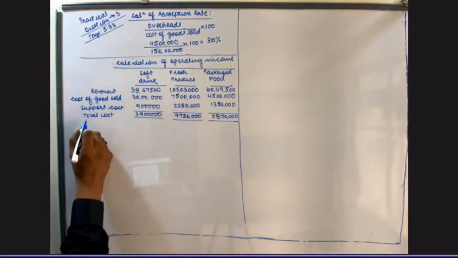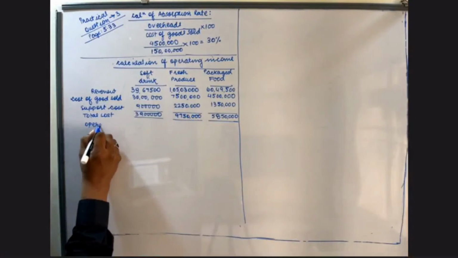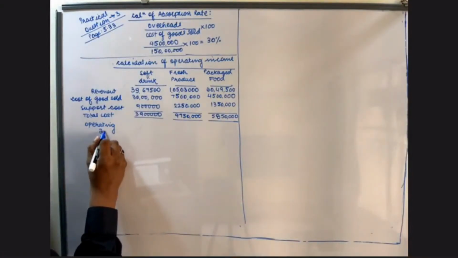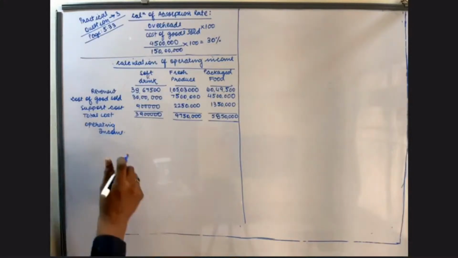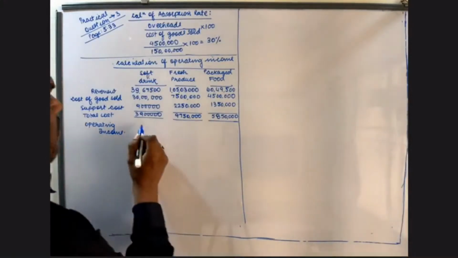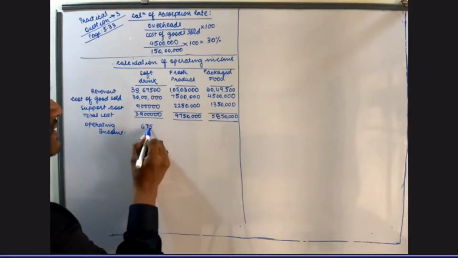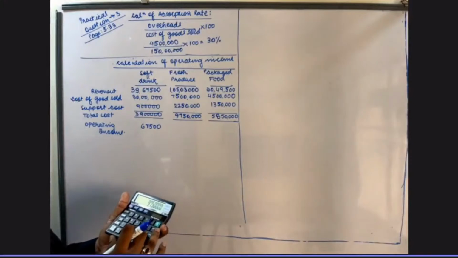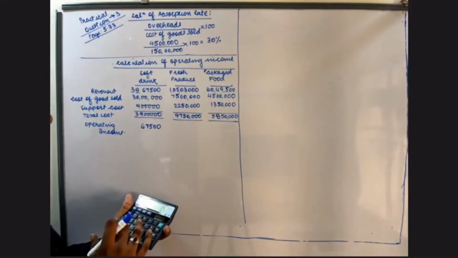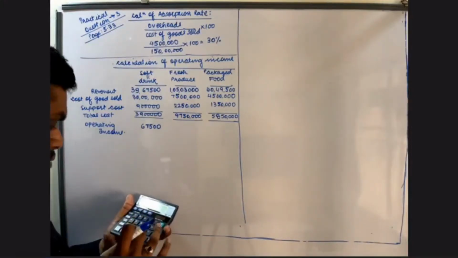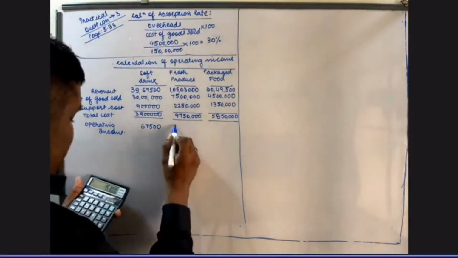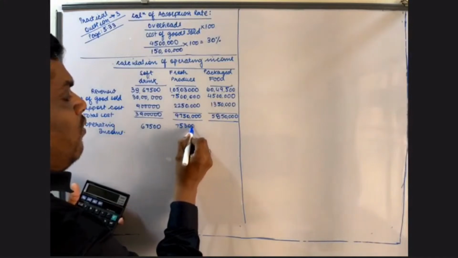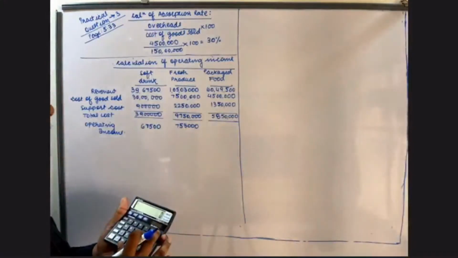So my operating income will be, in this case, 67,500. This will be 7 lakh 53,000.